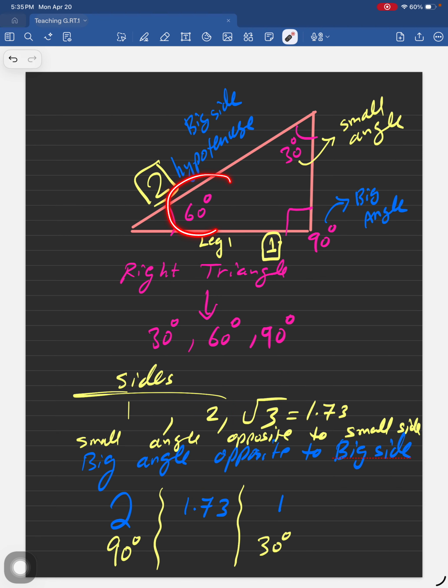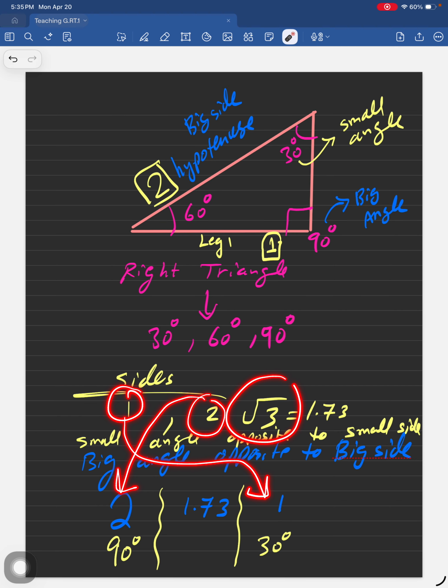The 60 degrees. So 60 degrees is in the middle between 30 and 90. So that's why we need to concern about the opposite side. Here is the opposite side for the 60 degree. So we finish with 2 as the biggest side, and with 1 as the smallest side.